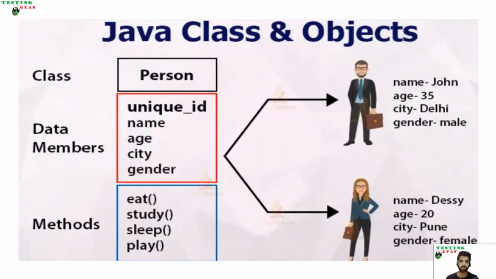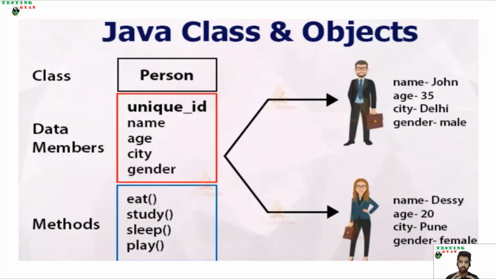I have taken a beautiful example here. Let's consider a class as person. What things can you relate with a person? Let's say you consider his name, age, city, gender, and let's give every person a unique ID.